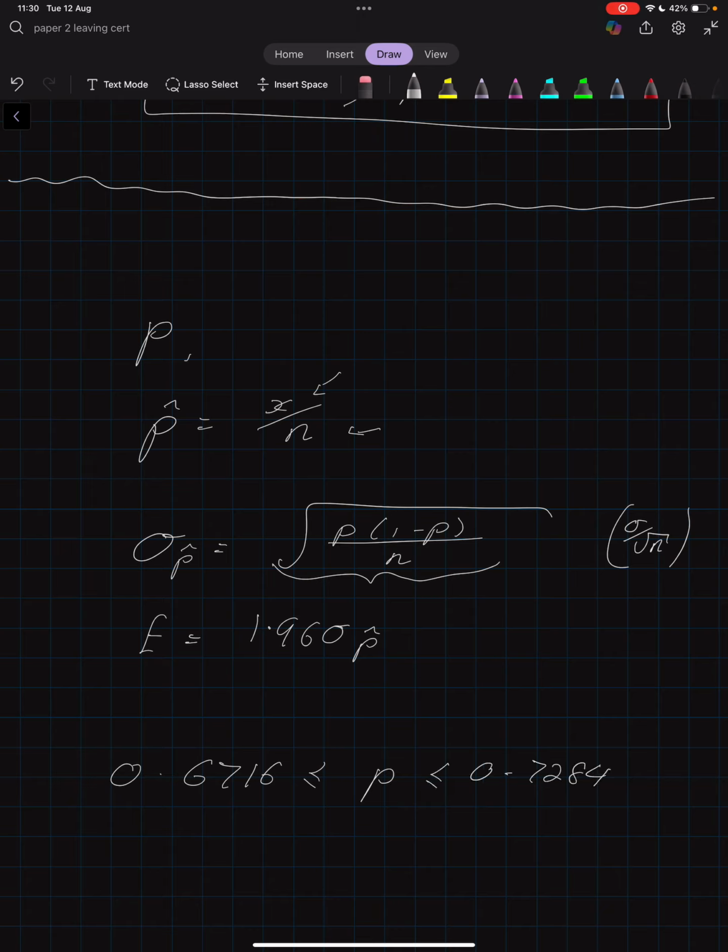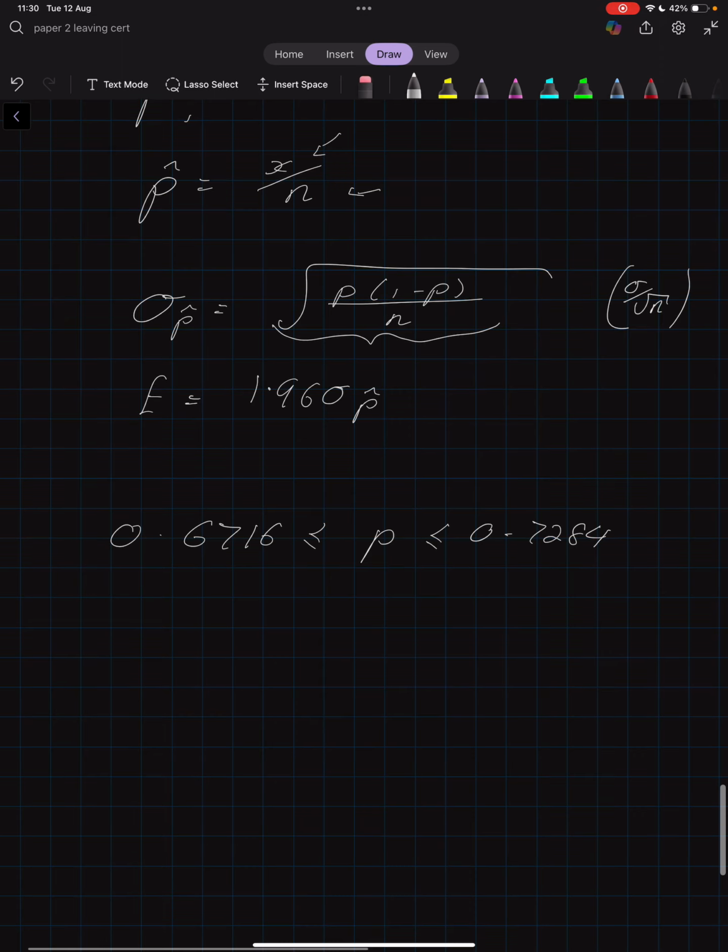It says how many voters were surveyed. So basically what you have is p hat minus e is less than or equal to p is less than or equal to p plus e.